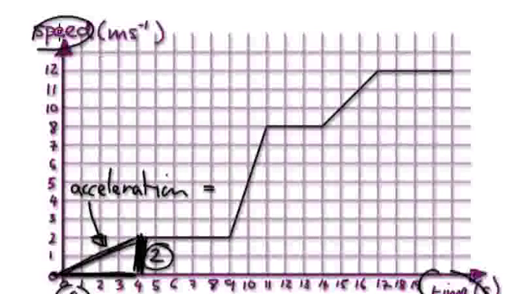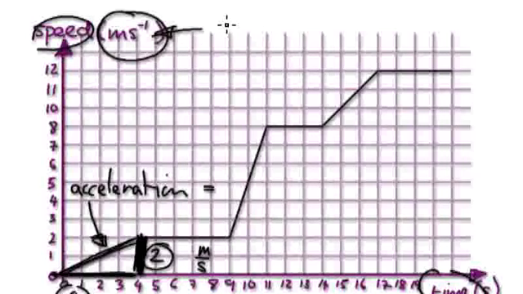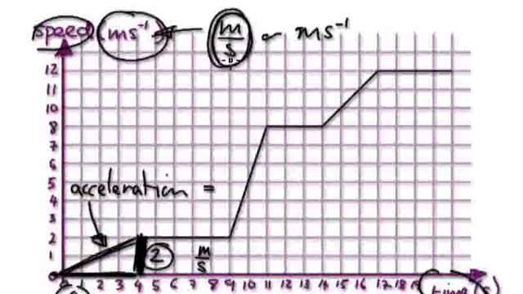The up and down here is actually the speed, which is measured in meters per second. Remember this can be written as this as well, or it can be written as meters per second to the -1. So I chose to visualize this as this.